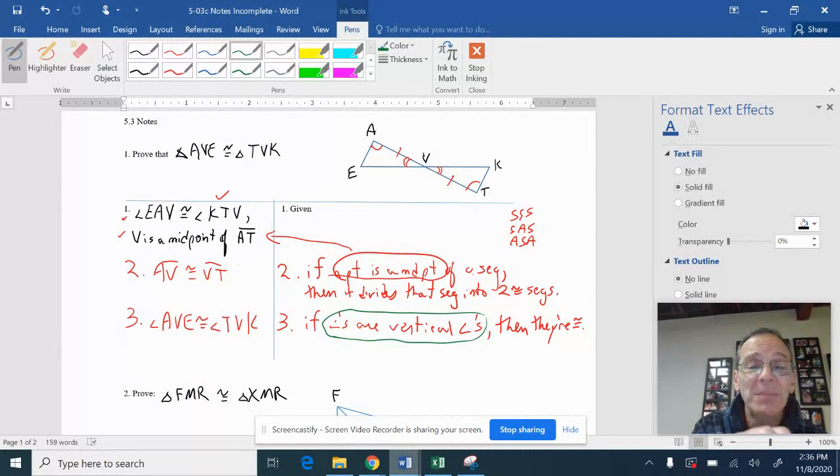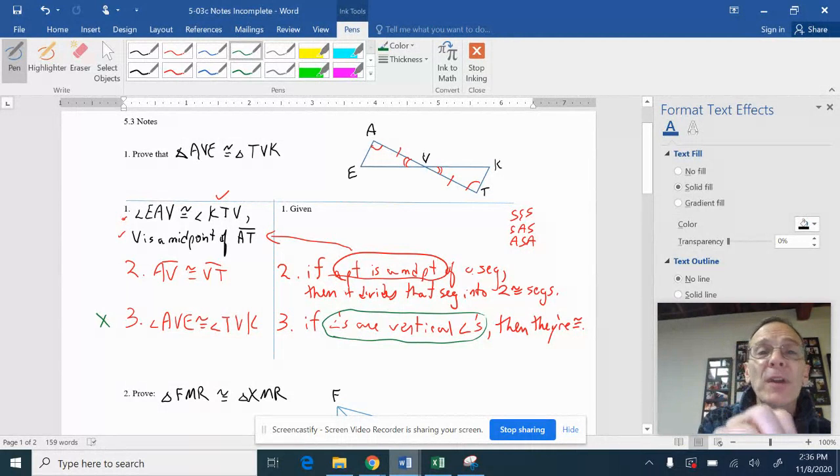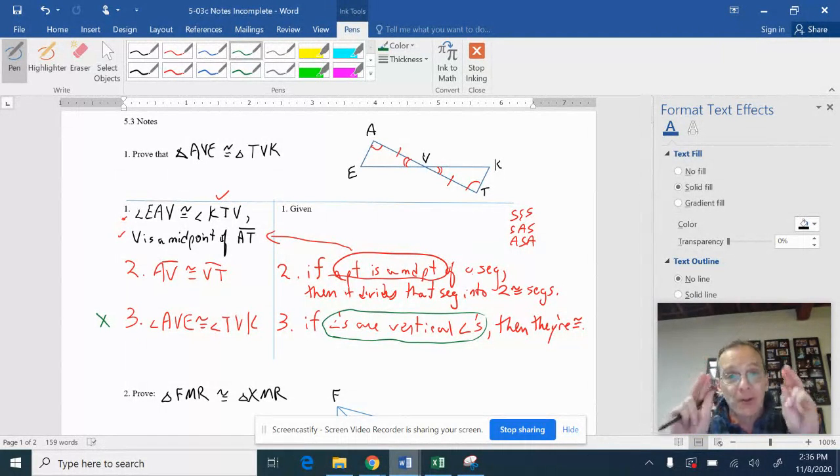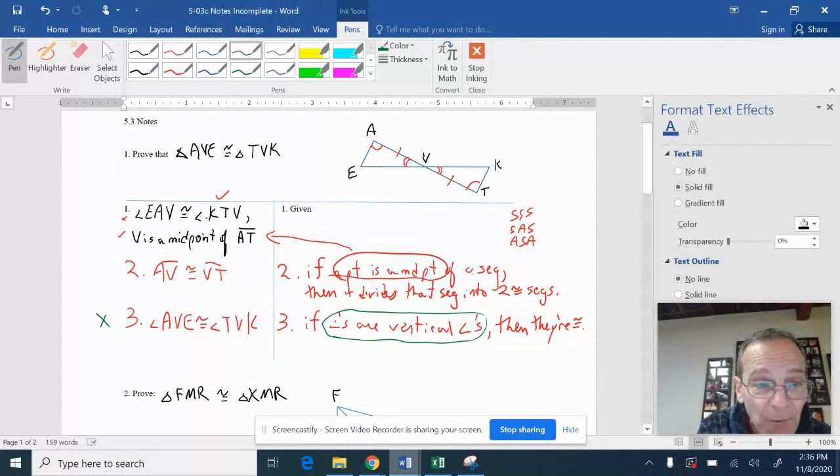Is there a statement in the statement column before step 3? I mean, you can't look at step 3. Remember, you got to connect the hypotheses in your reasons to previous statements. Are there any statements in steps 1 and 2 that declares these two angles to be vertical angles? Do you see the words vertical angles anywhere in statement 1 or 2?